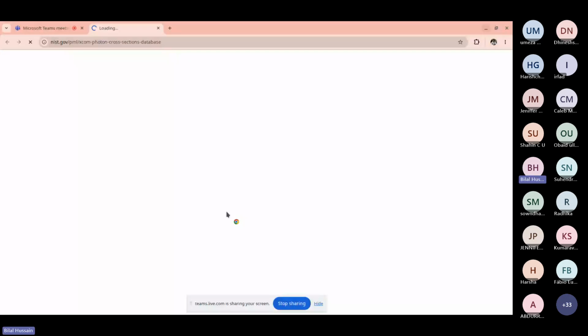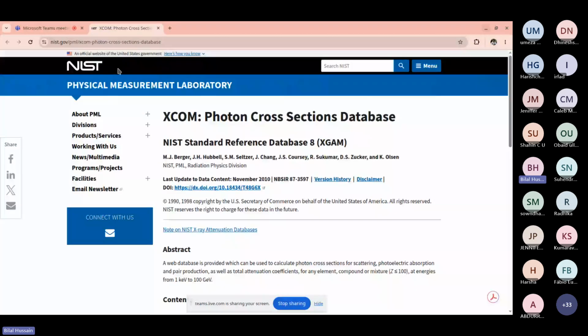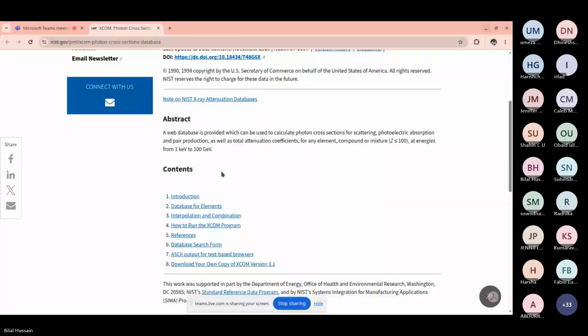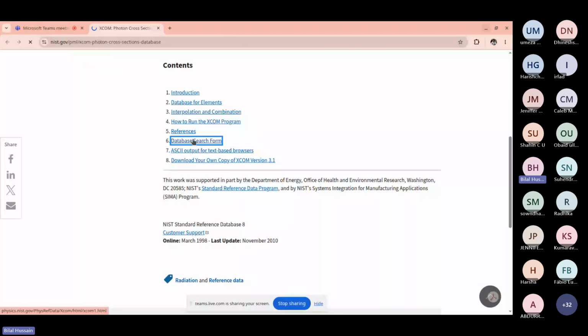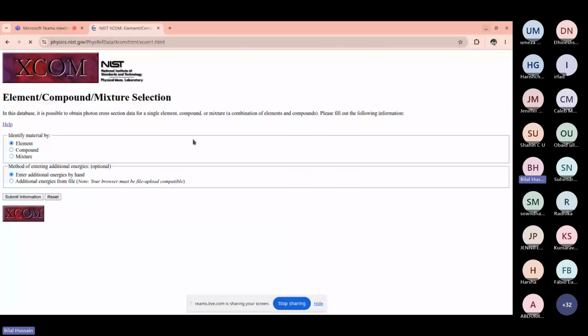This is the XCOM directory, a web-based database. If you go into the database, we can see that it has a database search form. Upon clicking the search form, it will open a window where I can go for various elements. Suppose I want to see the data of an element.